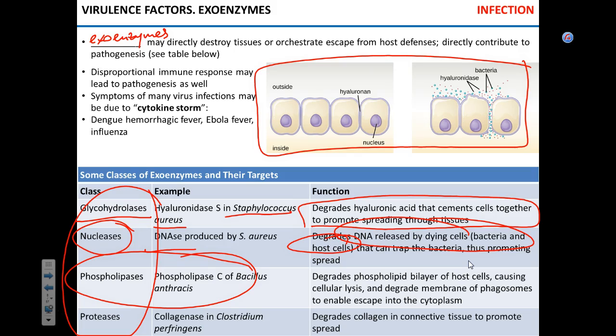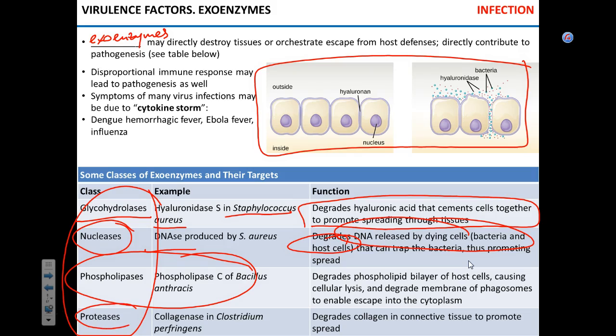So it wants to destroy the endosomal membrane before the endosome becomes acidic, or before the endosome receives the bolus of proteolytic enzymes. Okay? So it's kind of destroying the walls of the prison.